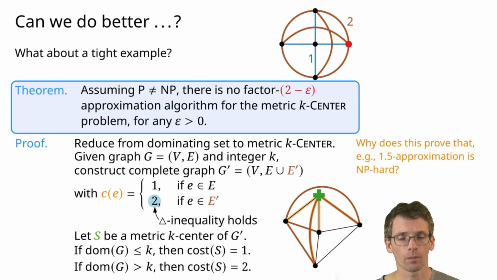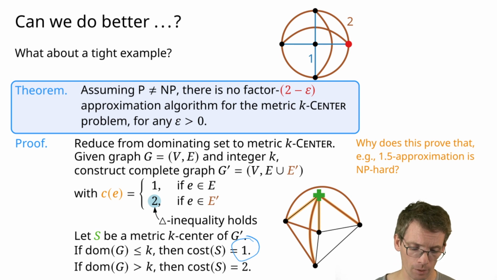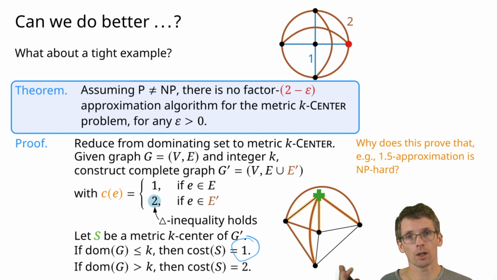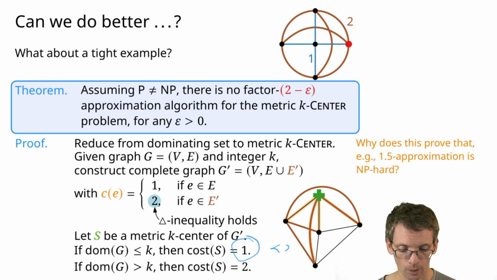And now I know that one of two things could happen. If there is a dominating set, then the cost of the optimum will be 1, meaning my algorithm will return a value between 1 and 1.5. So definitely a value smaller than 2.